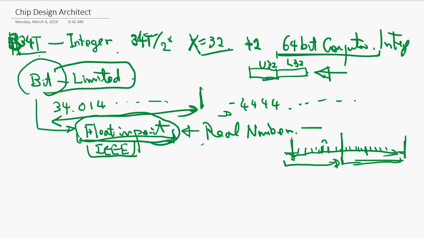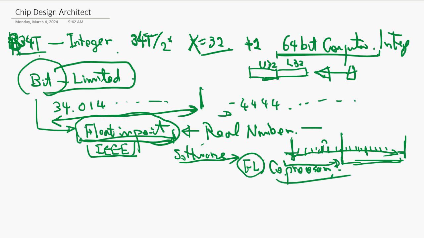The floating point computation was done by software before, but now a floating point hardware coprocessor was created to make the calculation faster, right?